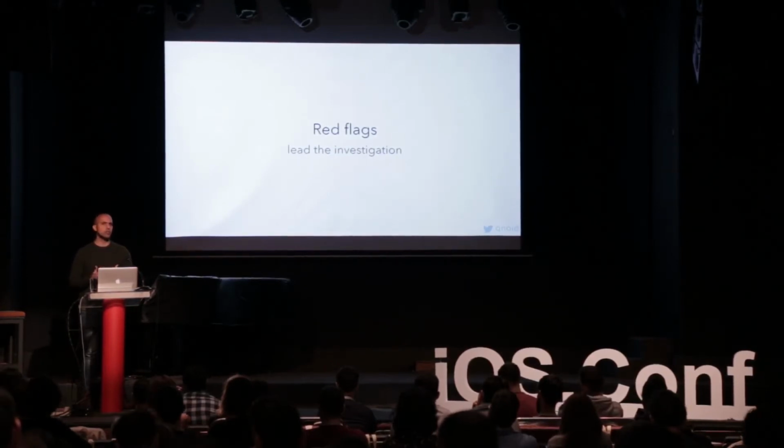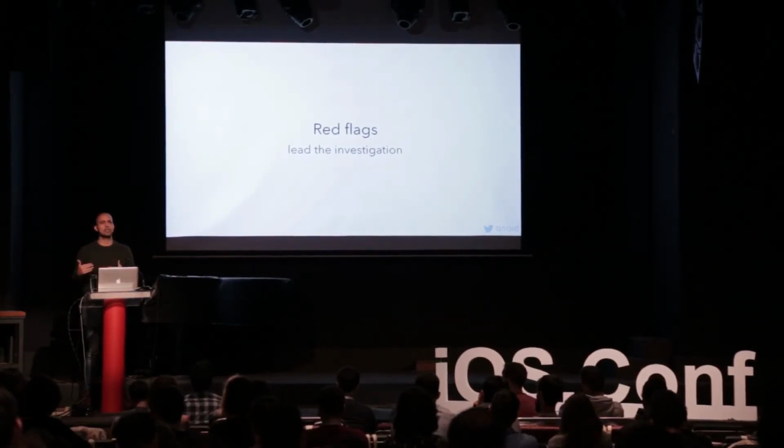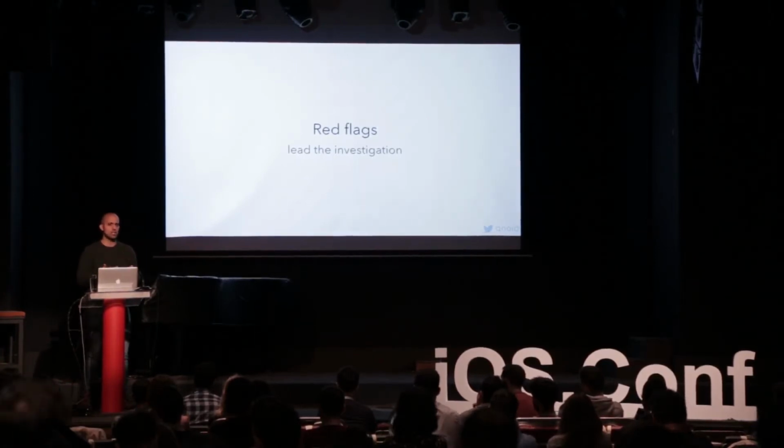CPU. If CPU, for example, is constantly hammered, constantly busy at 100% CPU usage for a long period of time. Again, that's a red flag. On its own, it doesn't mean anything, but it leads into the investigation. It makes you want to have a look to see what's happening.